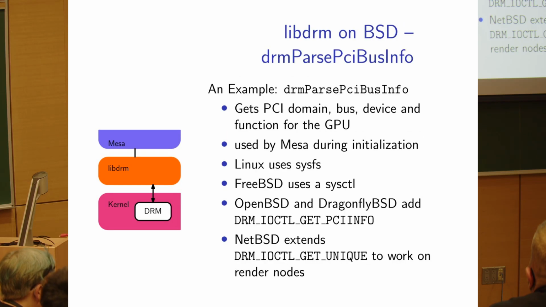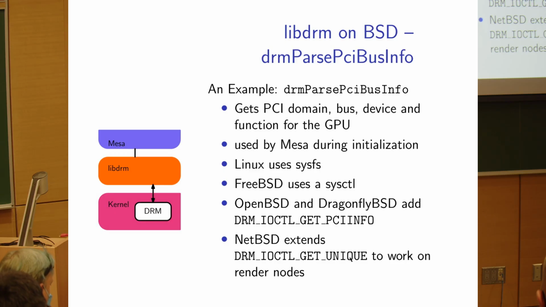Every card, basically, PCI is the bus that we use for GPUs in commodity hardware. And so you've got the PCI bus address, which is a domain number, a bus number, the device number, and then the function. Just a series of 4 addresses. If you've worked with PCI drivers, those will be familiar. If you haven't, just realize it's 4 small integers that tells you where the card got plugged into in the machine.